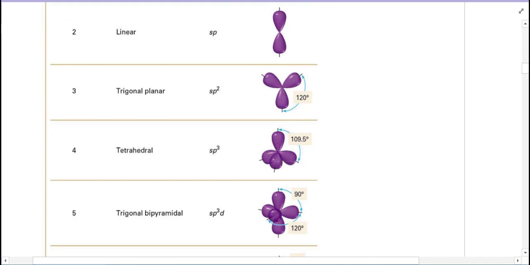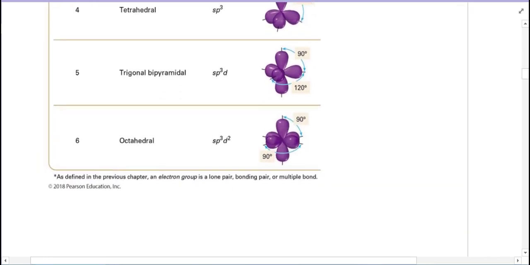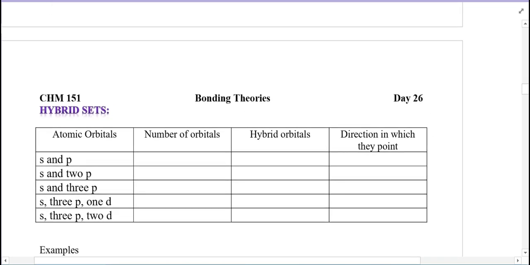Trigonal bipyramidal is sp3d, and octahedral is sp3d2. Wonderful. When we talk about our hybrid sets, these are for central atoms only. This is important.